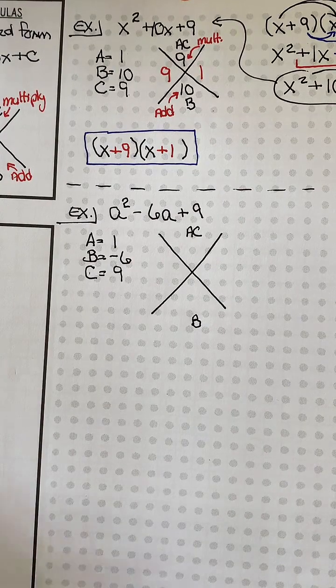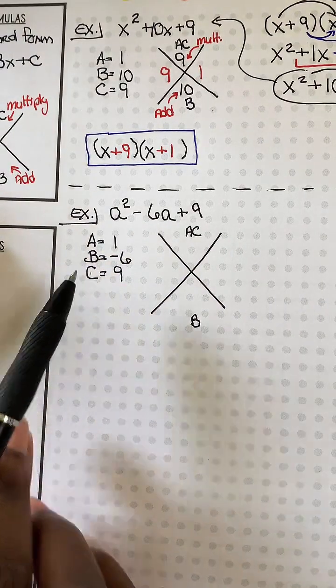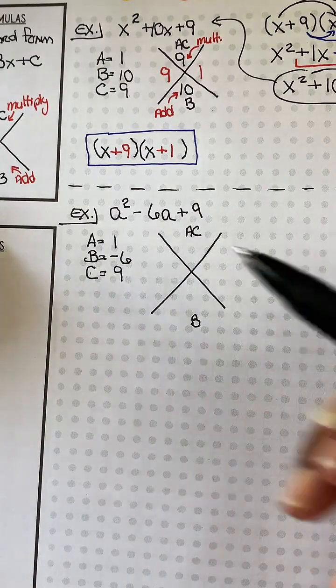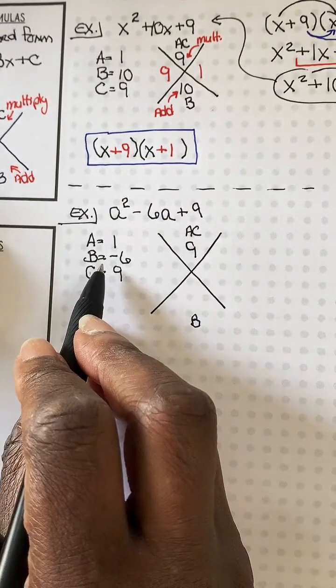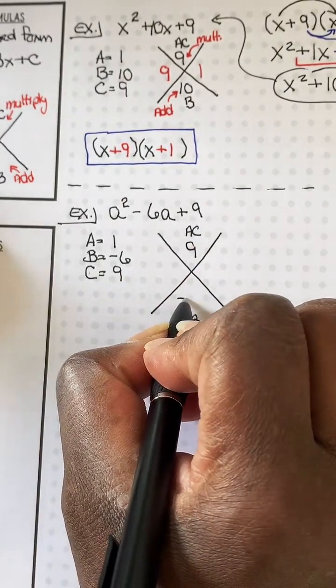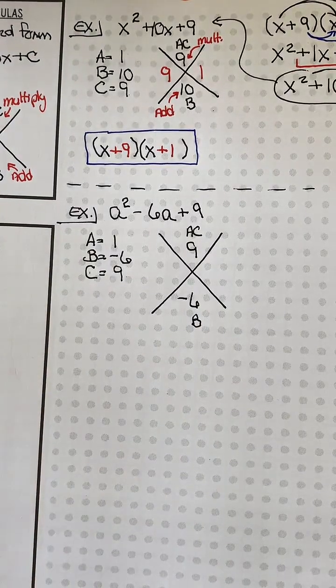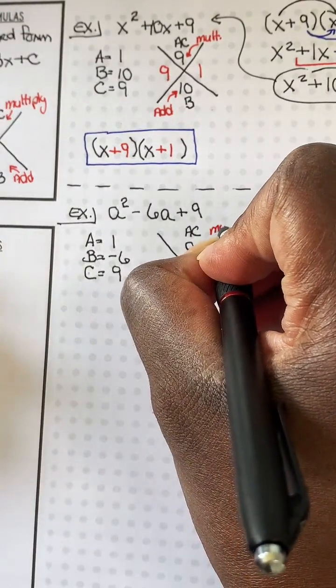All right, so now we're going to multiply my a and my c. My a is 1, my c is 9. So again, we got a 9. Then we're going to rewrite our b, which is a negative 6. So we're looking for two numbers multiplied.